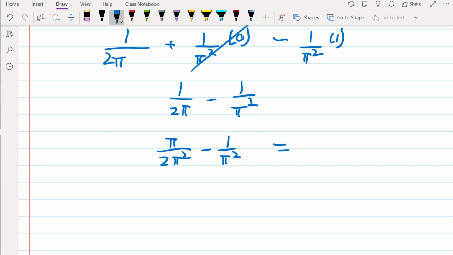Oh, you actually have to multiply this by 2 on top and bottom, so 2 over 2 pi squared. I'm assuming he'll allow this, but if not, the common denominator is pretty simple. Just multiply there and there by 2, and multiply this by pi over pi.